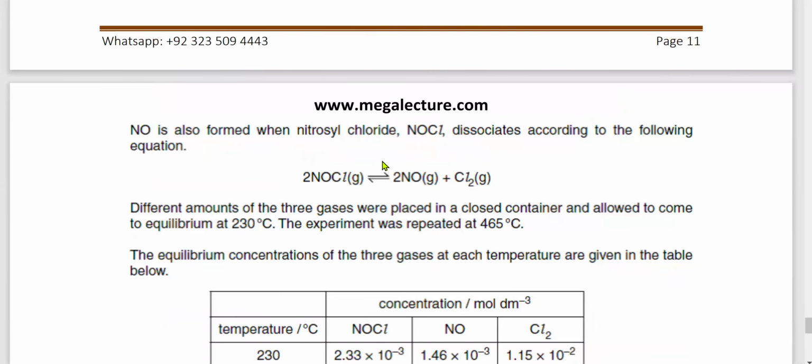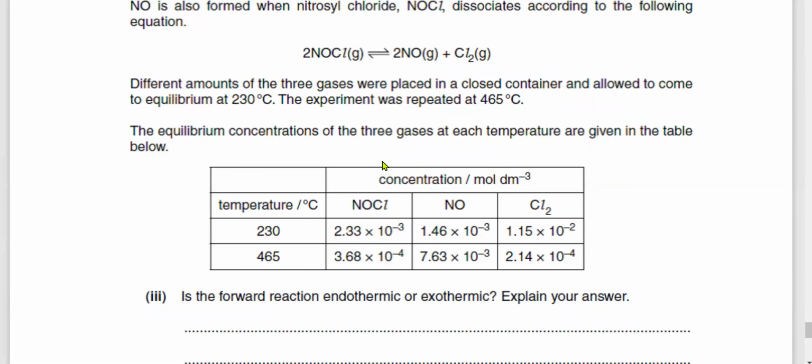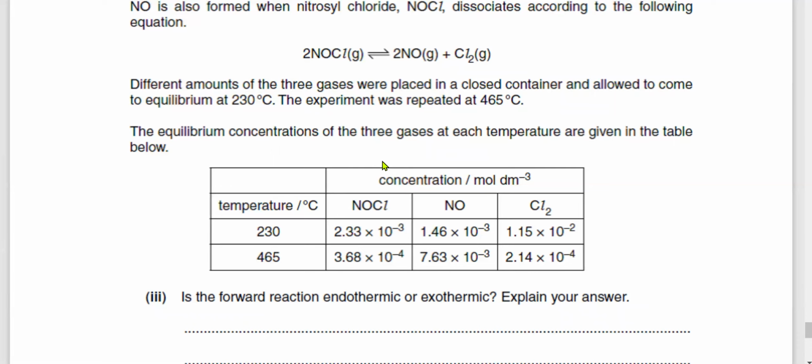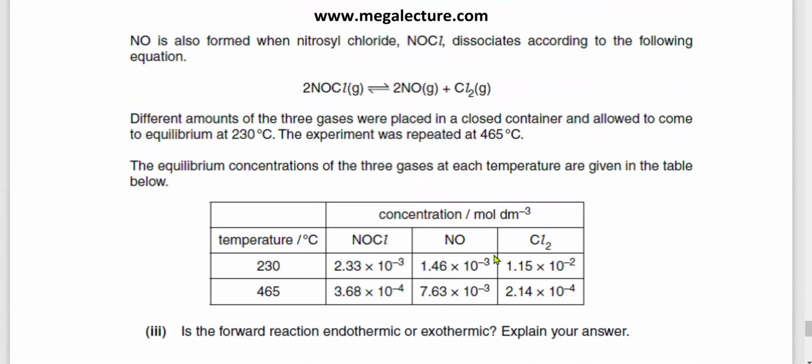Then you have this reaction, and they're saying, by looking at these values, different amounts of gas are placed in a vessel.